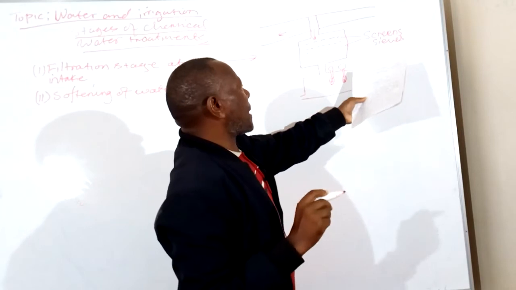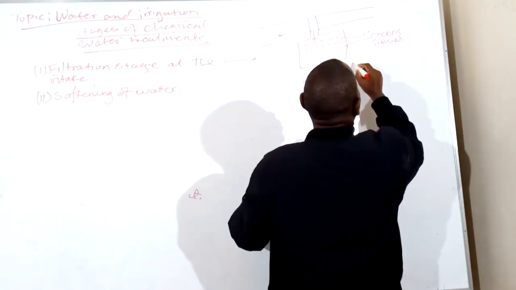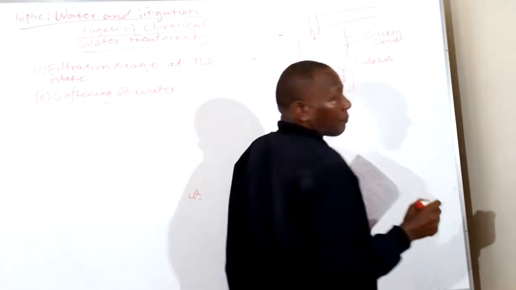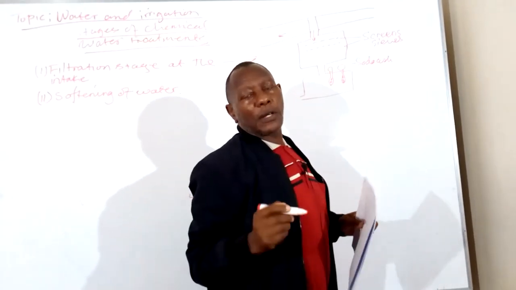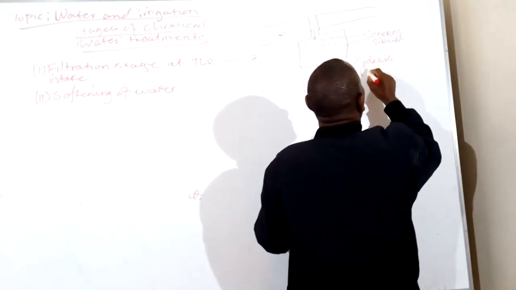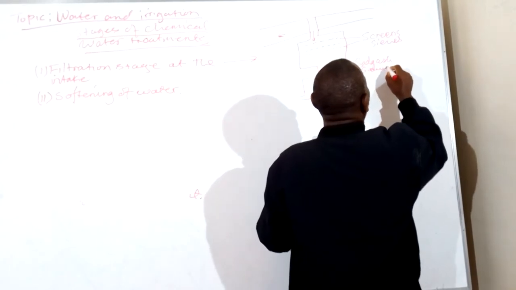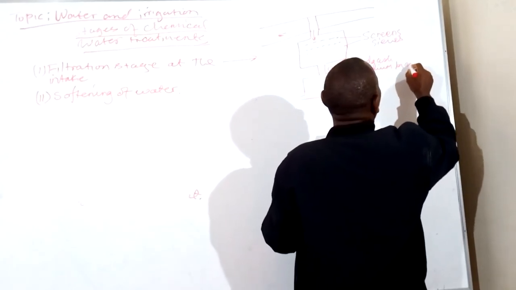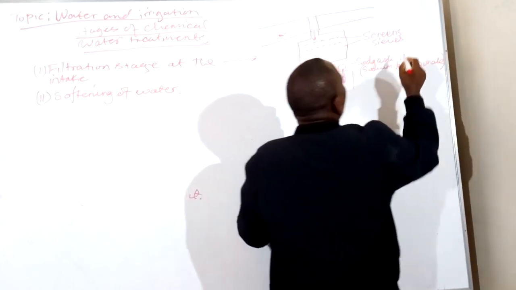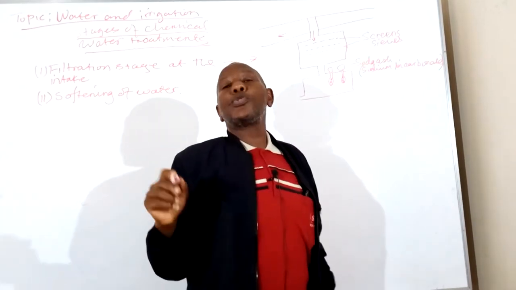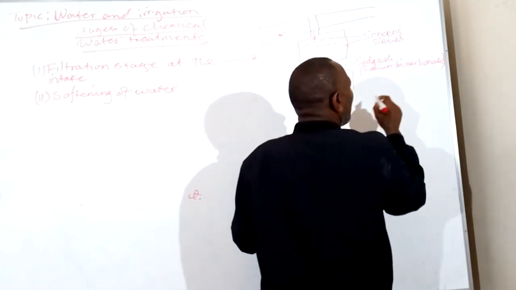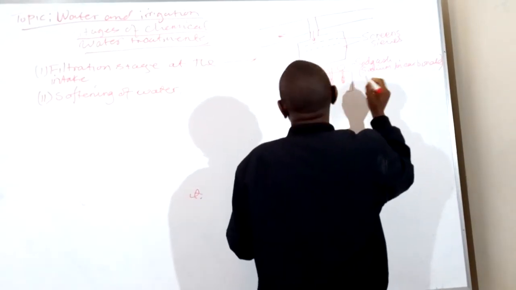The chemical applied here is soda ash. Soda ash is chemically known as sodium bicarbonate. Its role is to soften water, so we add sodium bicarbonate to soften water.